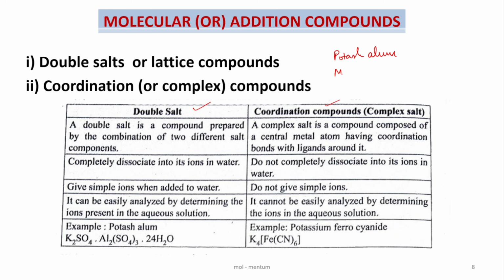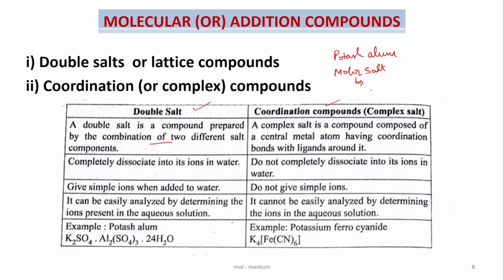This is also a part of our titration in qualitative analysis. A double salt is a compound prepared by combination of two salts, where two salts come together and form one addition compound.